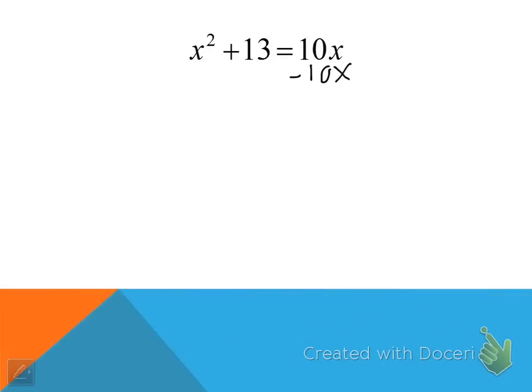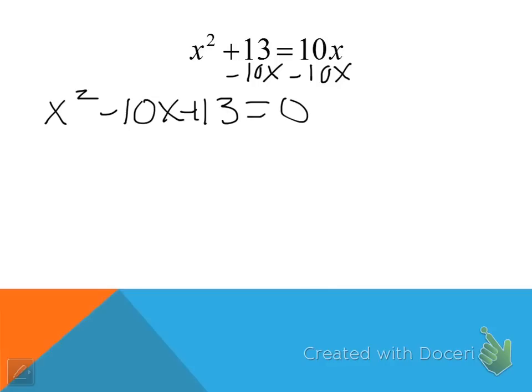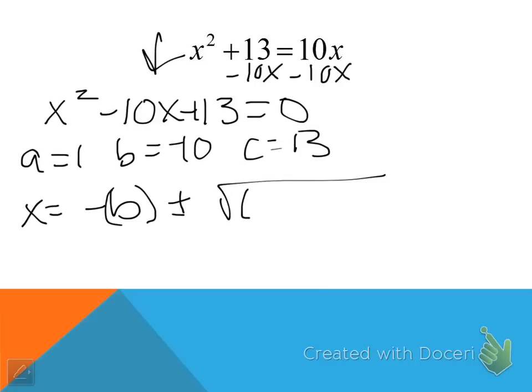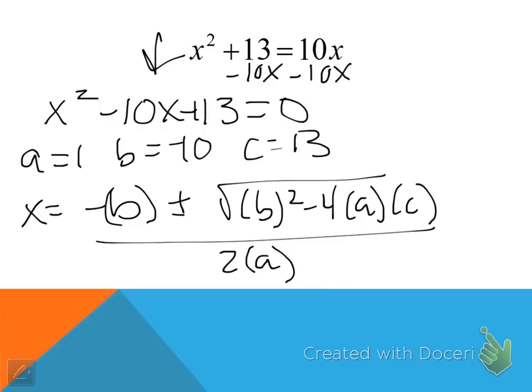It's not equal to 0, so we got to subtract this 10x over. So we got x squared minus 10x plus 13 equals 0. It's got to be in standard form. Okay, so a equals 1, b equals negative 10, and c equals 13. So x equals negative b plus or minus the square root of b squared minus 4 times a times c all over 2a.